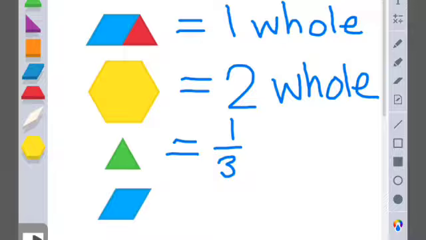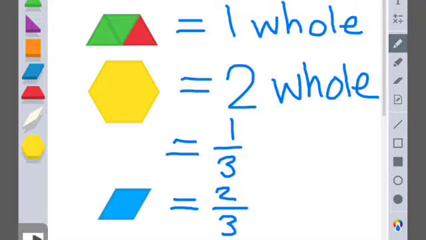One way to do this might be to think about how many triangles are fitting into the blue rhombus. Okay, 2 green triangles fit into the blue rhombus, and so that would be the same as saying 2 of my 1/3. 1/3 fits in, and then 2/3 fits in. So the blue rhombus would equal 2/3 of my red trapezoid.